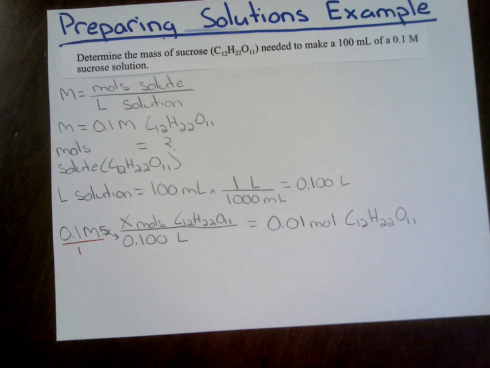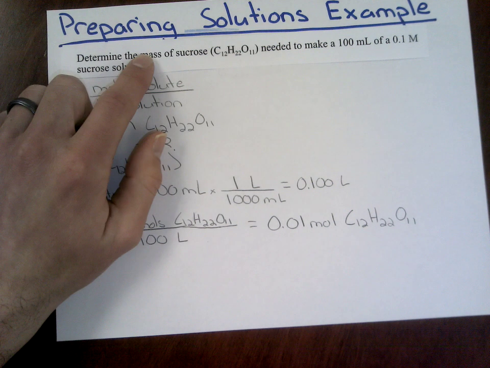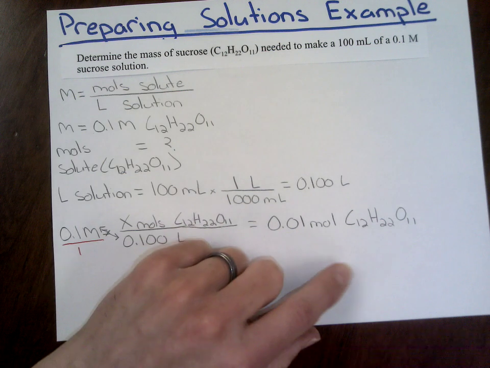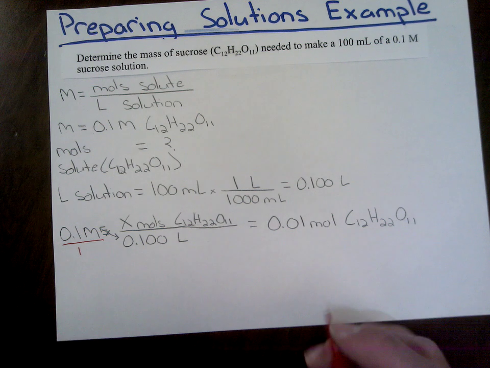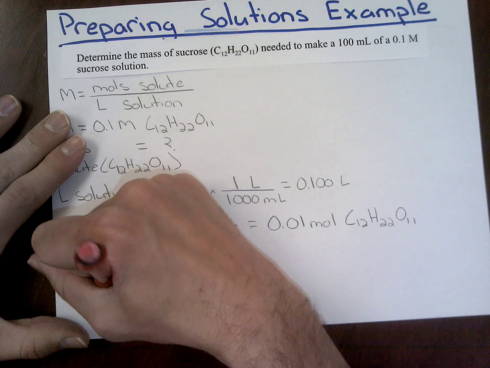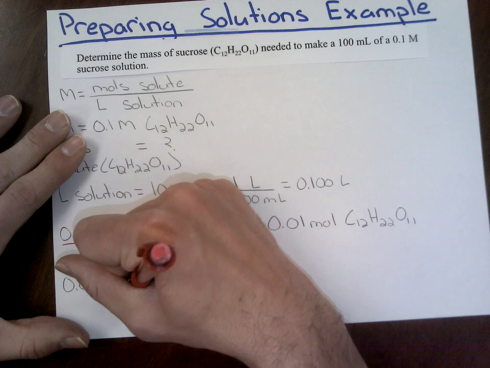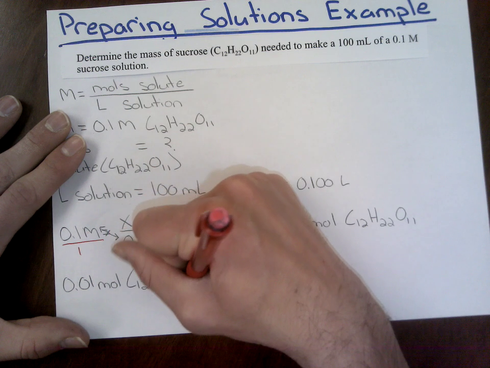Okay, so we found the number of moles, but the problem asks, what is the mass? Because we don't have scales that measure moles. We have scales that measure in grams. Well, we're going to need to use the molar mass. And so how we do this is, again, we set this up as 0.01 moles of C12H22O11.